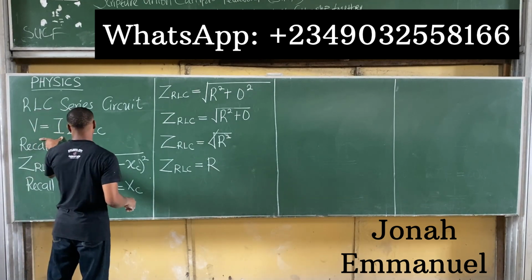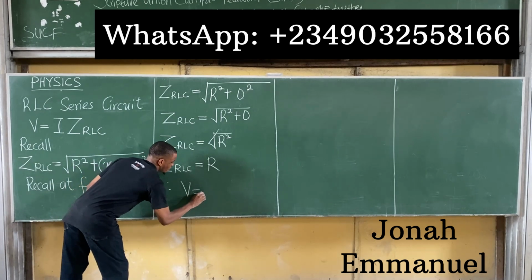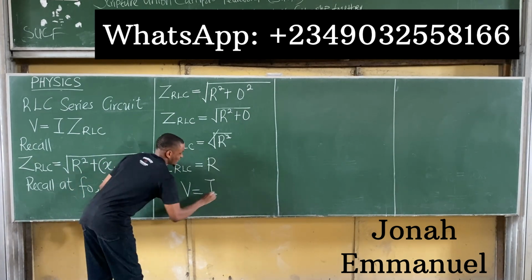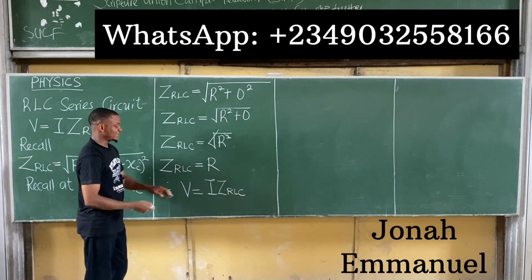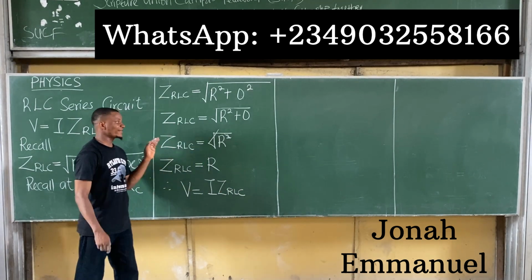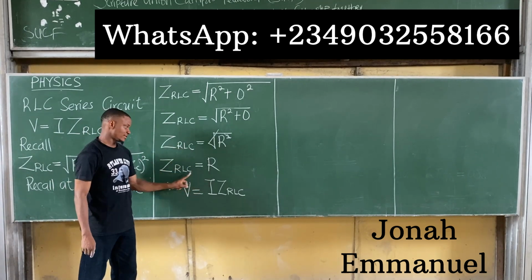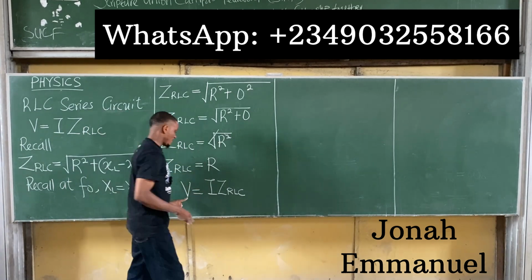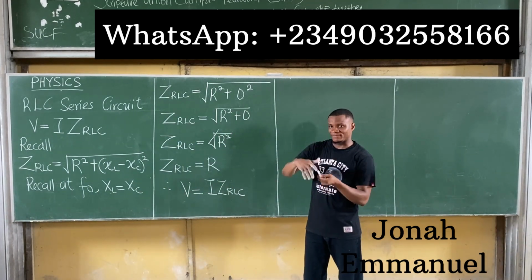So it means that therefore, if you have V is equal to I ZRLC, it means that the impedance of an RLC circuit at resonance is R, right? So that means that for here, now recall that we said resonance occurs at the maximum current.